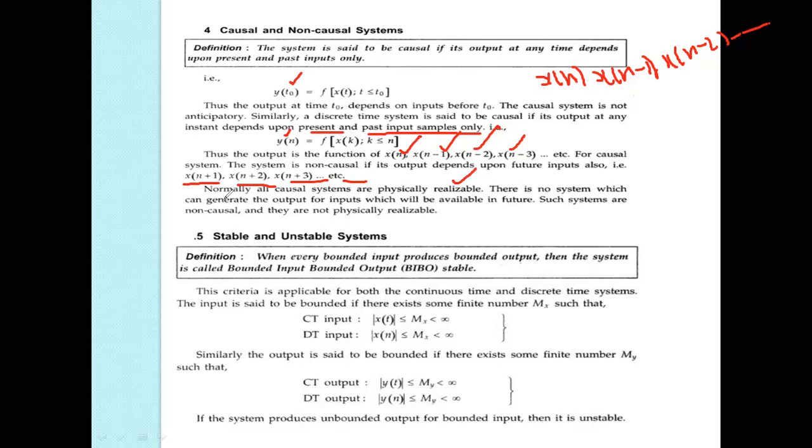There is no system which can generate the output for inputs which will be available in the future. Such systems are non-causal and they are not physically realizable. Causal systems are physically realizable and non-causal systems are not physically realizable. Okay, my dear students.